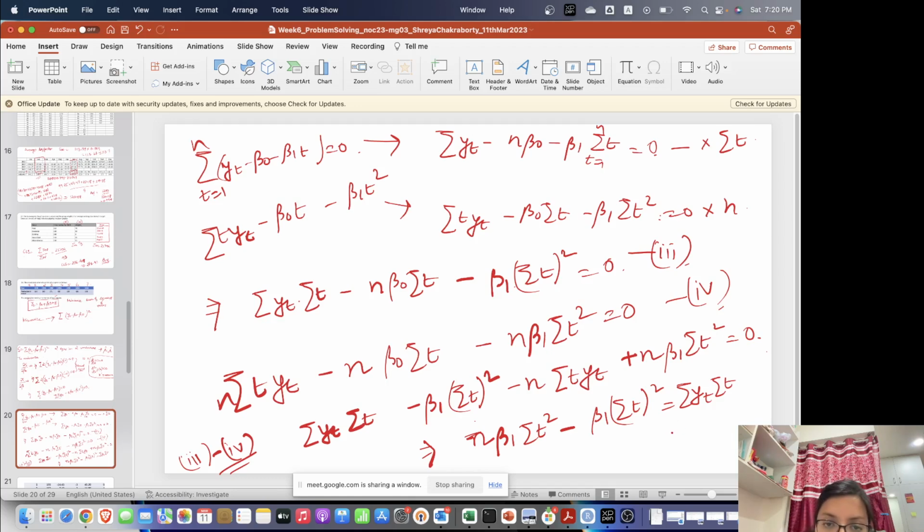Or some mistake I did in the minus. One second. This one minus this one, so this will become plus. This will also become plus. So plus n beta 1 summation t square minus beta 1 summation t whole square equals to this one.